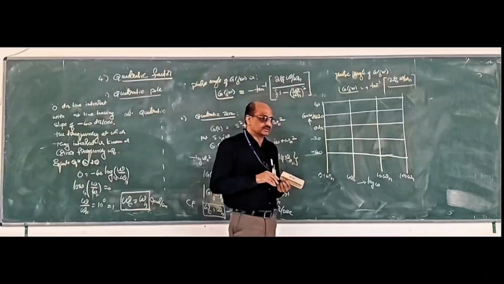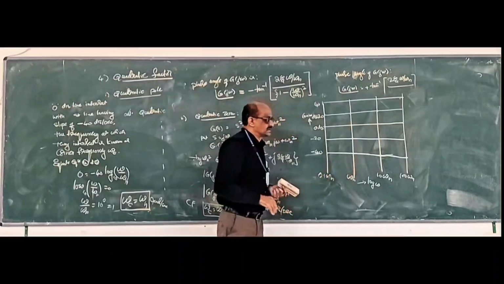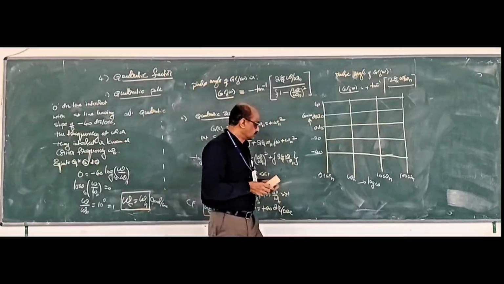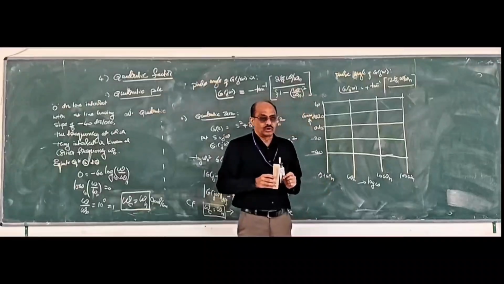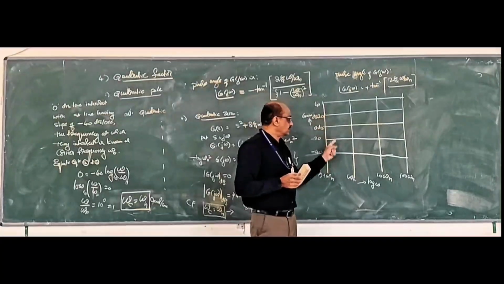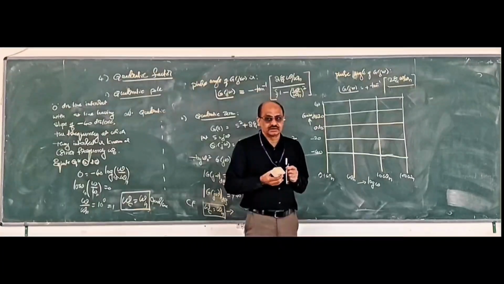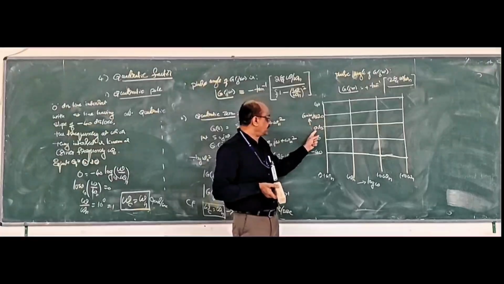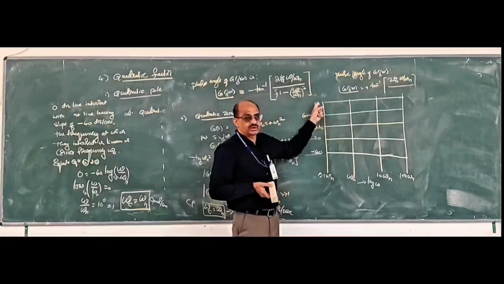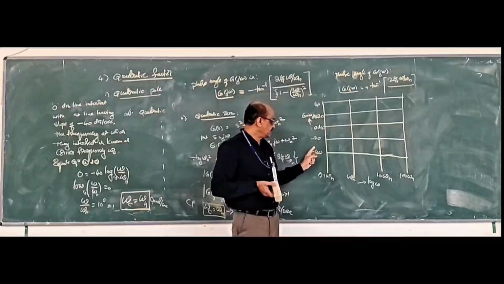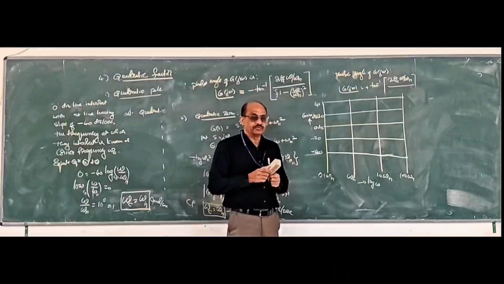Take this magnitude versus omega plot with vertical lines and of course horizontal lines. The scale you have to take properly: 0 dB, plus 20, plus 40, minus 20, minus 40 dB.